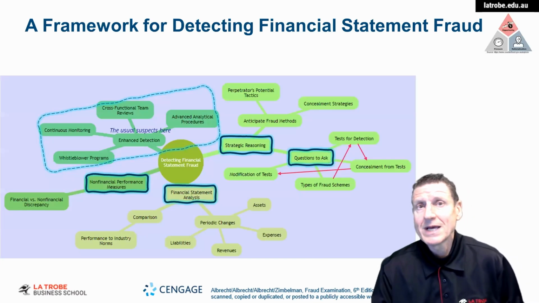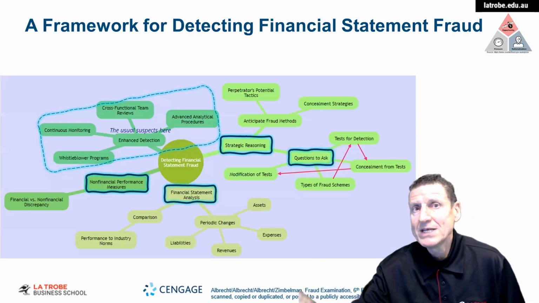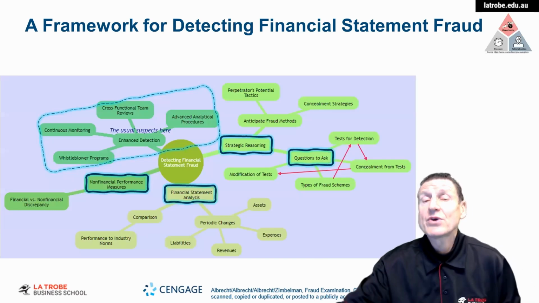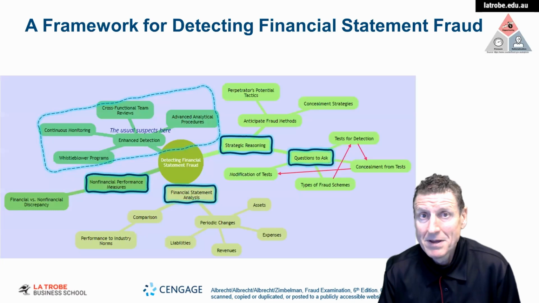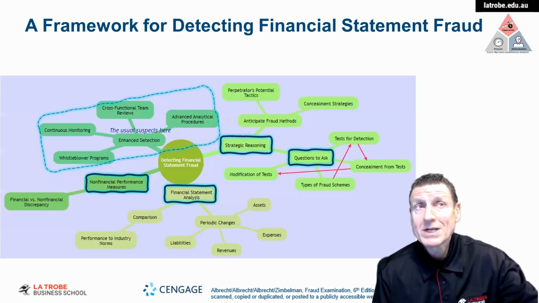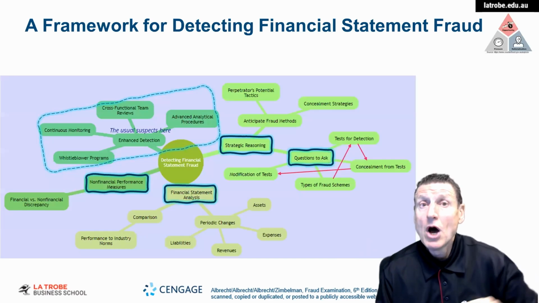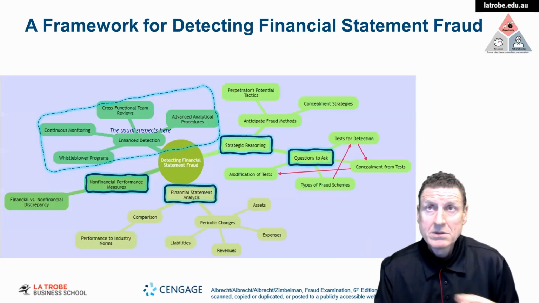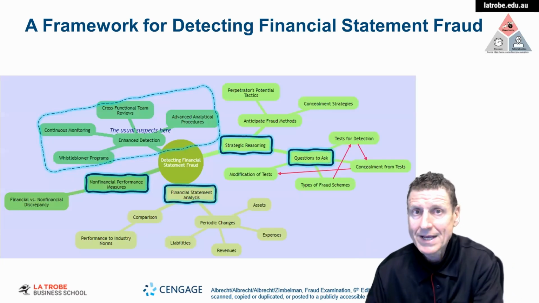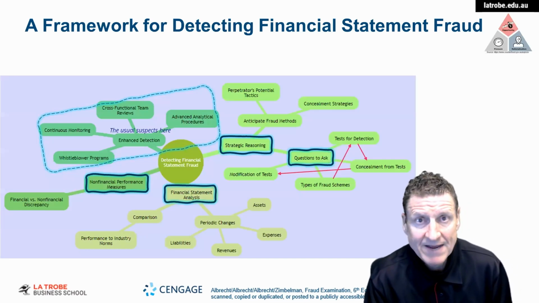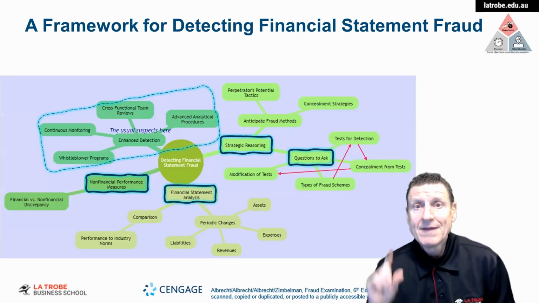And then you've got to say, okay, what type of scheme will they change to, assuming that they know what tests you're going to take, and then you've got to modify your tests again. All right. And this is a cat and mouse that you need to think of. Okay, what tests did I do last year? I might need to do other tests this year. That's the exact approach that you need to take when you come to audit a company, and maybe when you come to investigate a fraud as a fraud investigator. All right, that's the first thing.